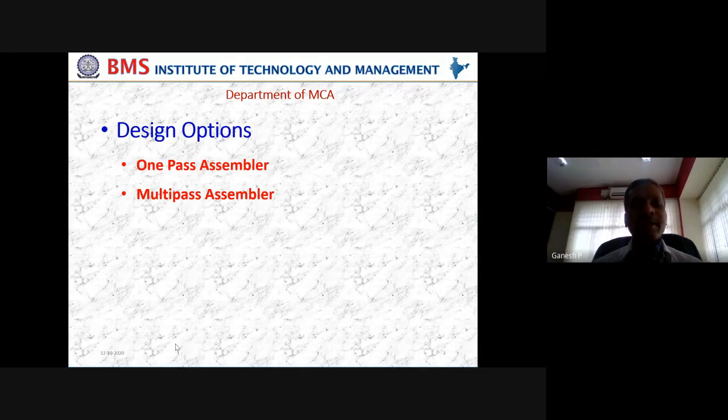Now we are working on two important topics. One is a one-pass assembler, the other is a multi-pass assembler. So what is this one-pass assembler? As the name says, one pass, in the sense we are going to look at a design of an assembler which requires only one pass.